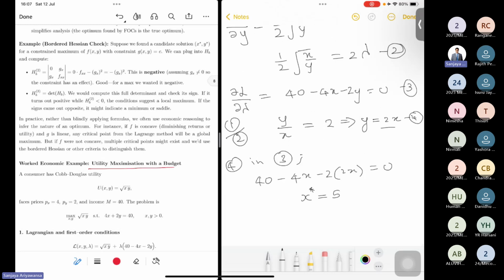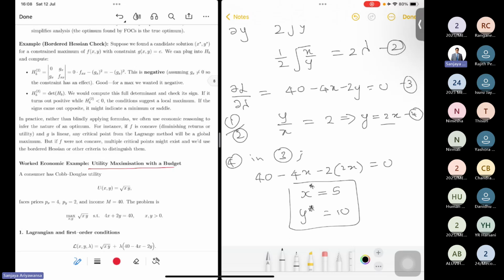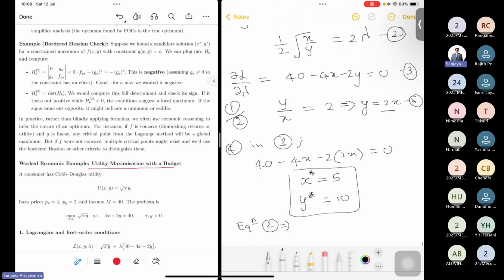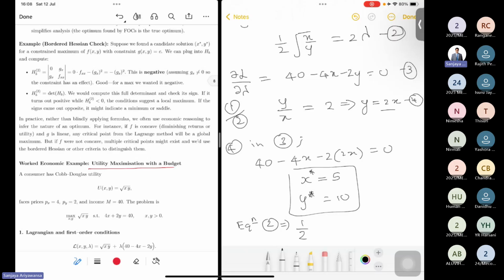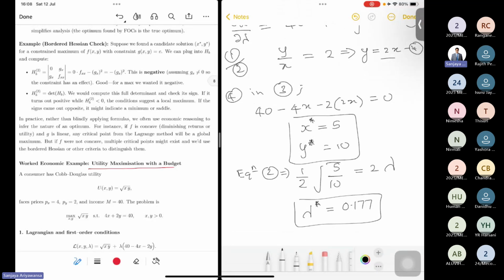And since x star is 5 and y equals 2x, y star is equal to 10. Since I know my x and y now, I substitute these values in equation 2 to figure out lambda. Equation 2 is half times the square root of x over y equals 2 times lambda. So from this, I would get lambda star as 0.177.